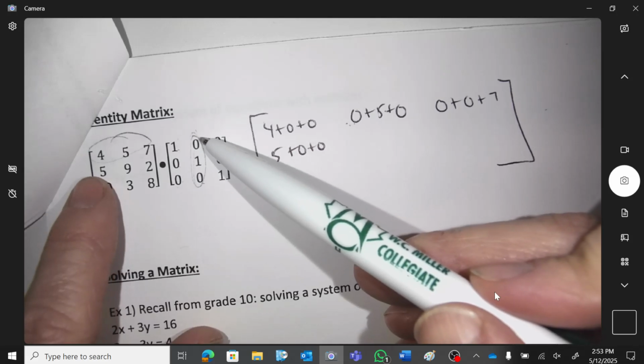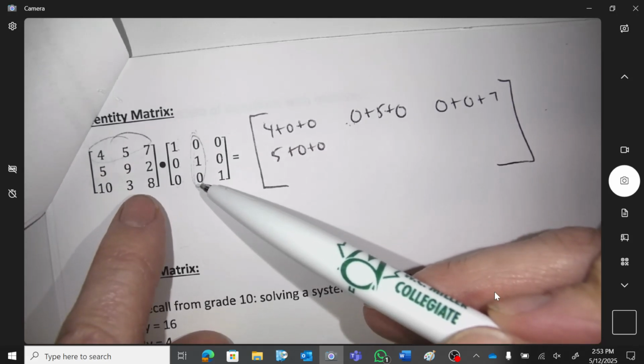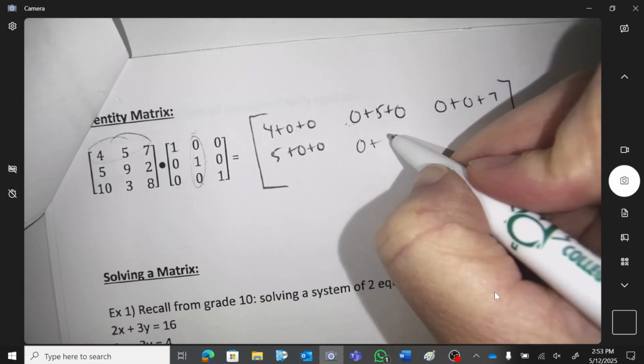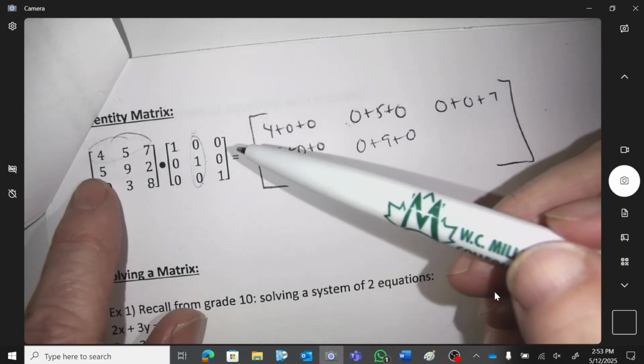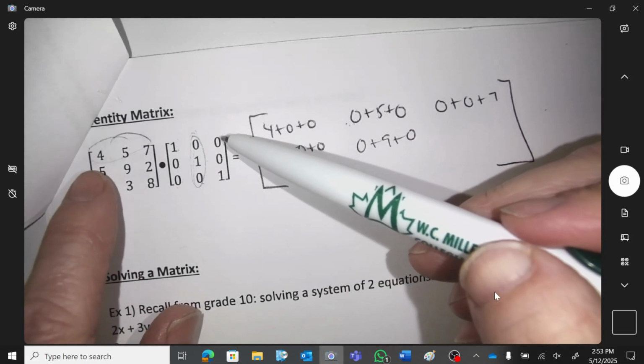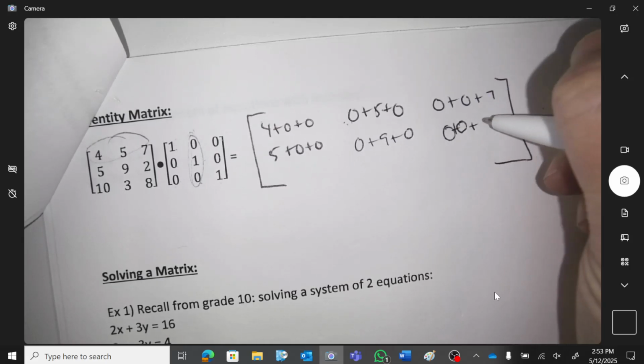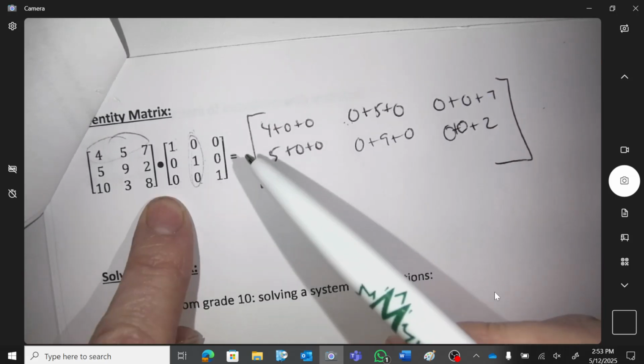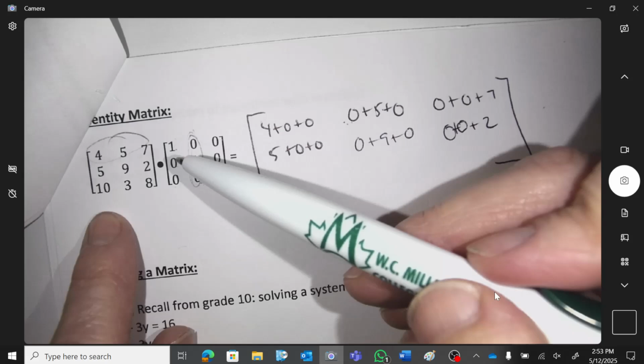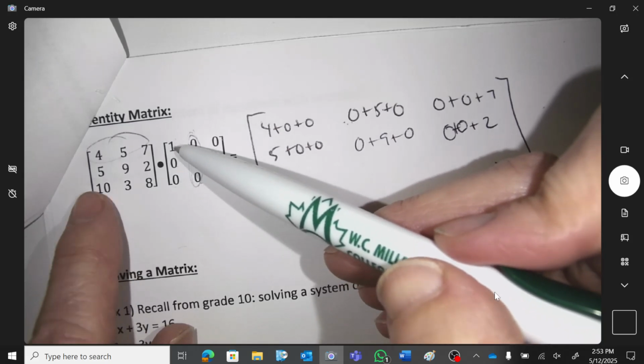Both middles. 0, 9, 0. Second row, but then the last gets 0, 0, 2. Okay, to the last row, with the first. 10, 0, 0.